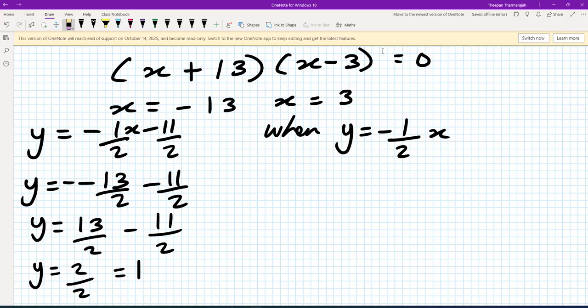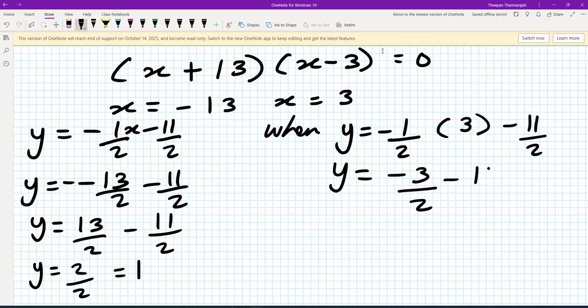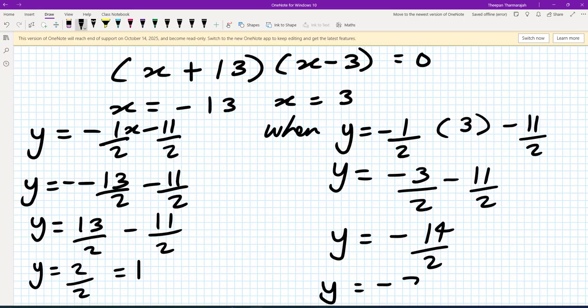So putting the 3 here, minus 3 over 2 minus 11 over 2, and that's going to give me minus 14 over 2, and that works out to be minus 7.